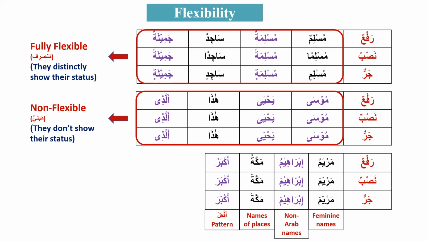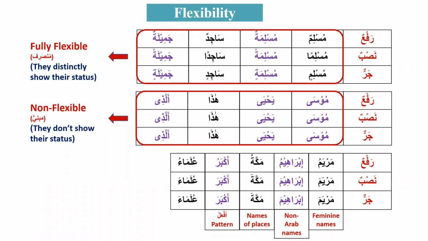If an ism sounds like this, it will always be light and will not take kasra. Just remember akbaru as a representative word. The other isms that sound like akbaru will always be light and will not take kasra in jar status.